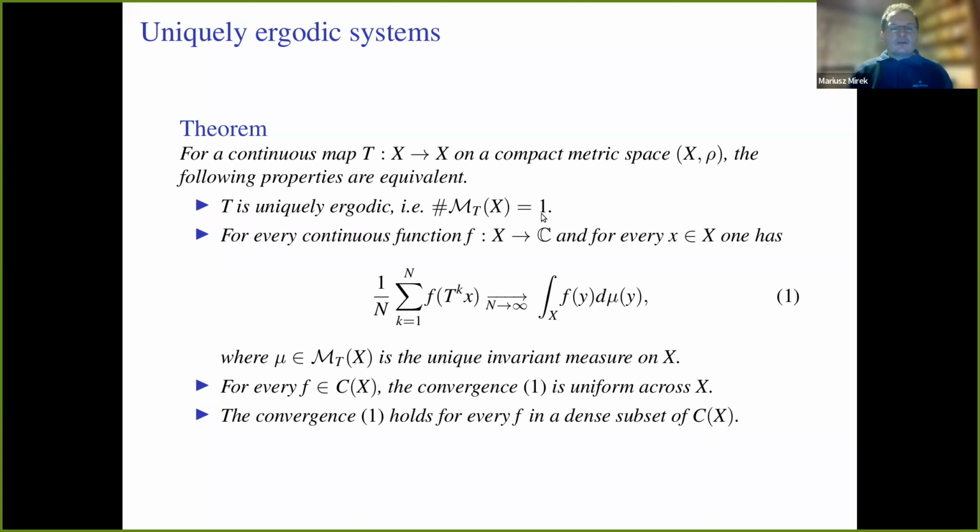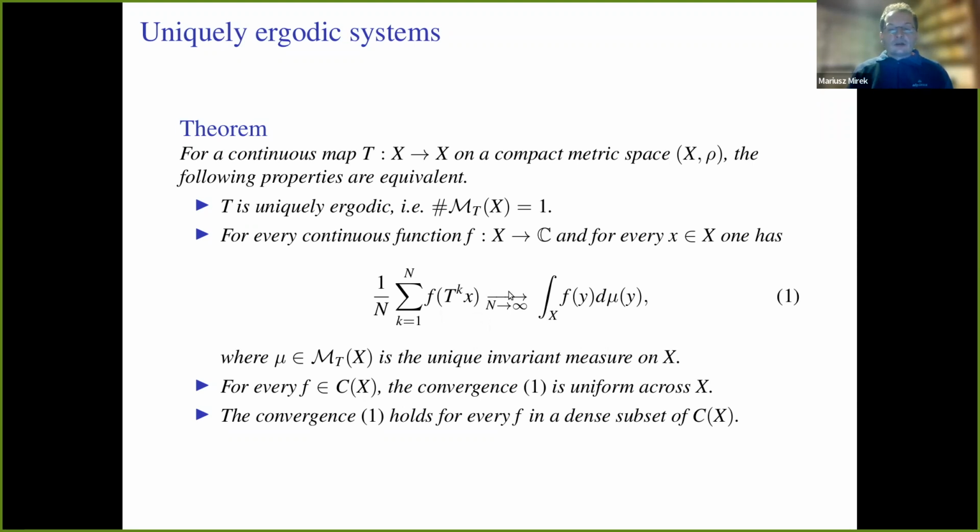This is equivalent to the statement that for every continuous function and for every x, we have the following convergence, where mu is the uniquely ergodic measure. In fact, this theorem says that this convergence is uniform across x.